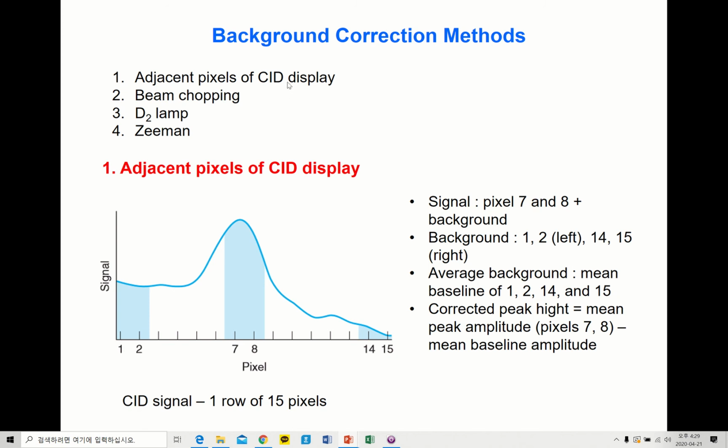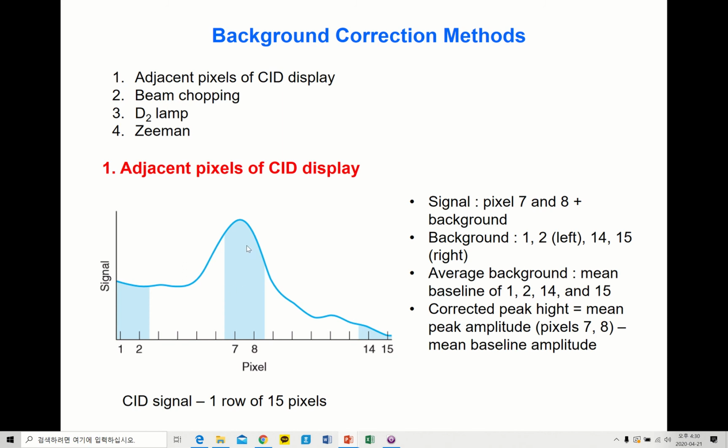First, the method of adjacent pixels of the CID display. Look at that. This is the signal. The blue line is the signal, and the x-axis is the pixel number in the CID display. As you see, this middle peak is the real peak.